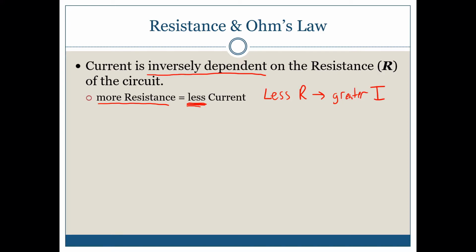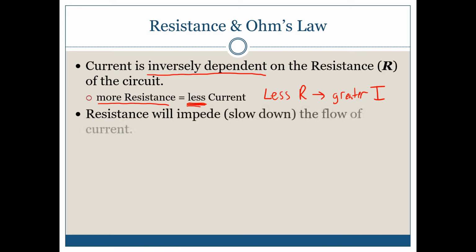And that kind of makes sense, because if you go back to the hose analogy, if your hose has a blockage, that's a lot of resistance, so the flow of water is reduced. But if you don't have a blockage, there's no resistance or very little resistance, so the flow of water goes down just fine.